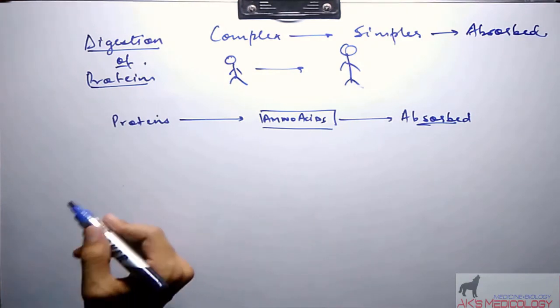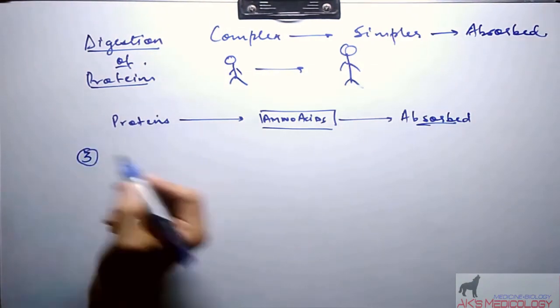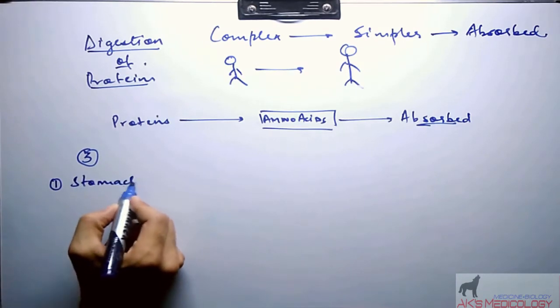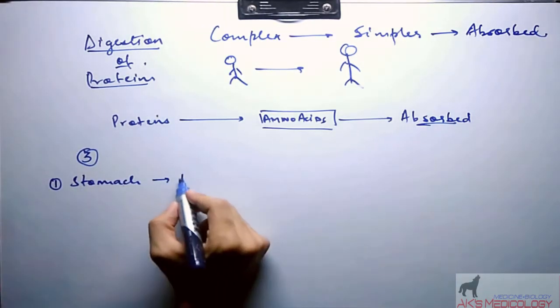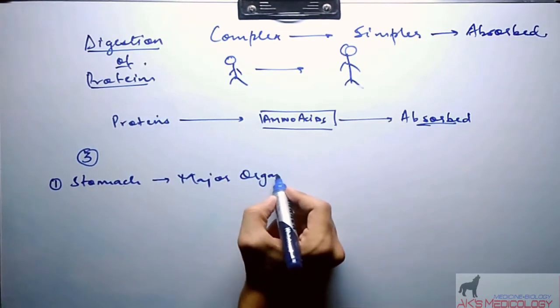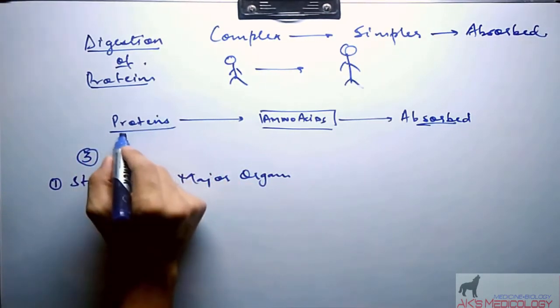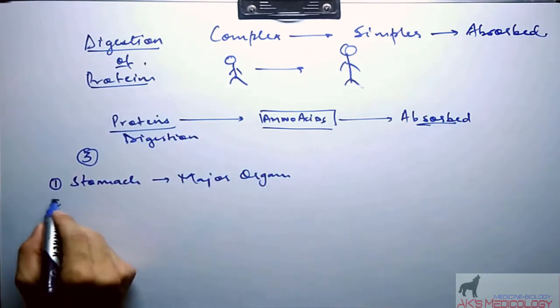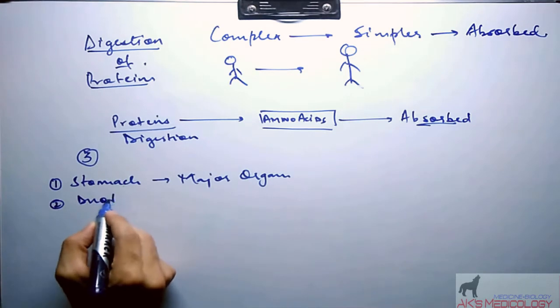Digestion of proteins usually happens in three main sites. First is the stomach, which is the major organ for protein digestion. Second is the duodenum.